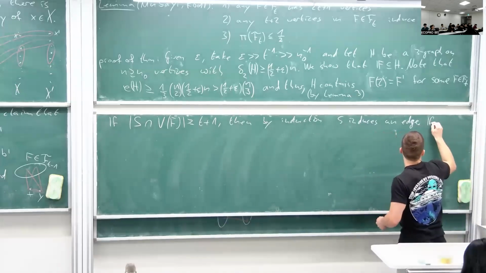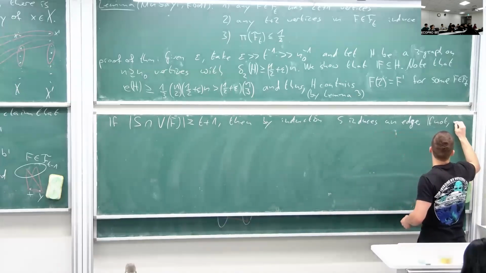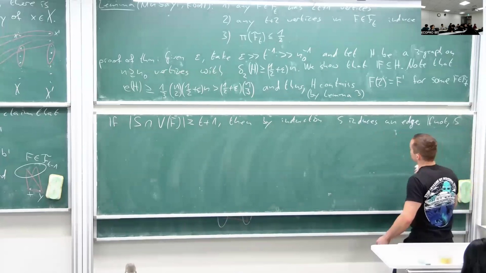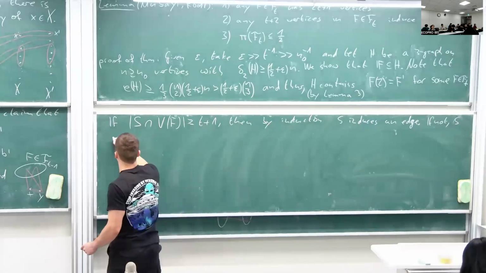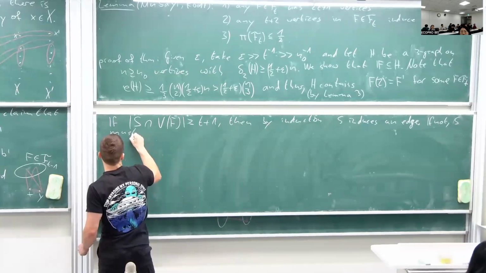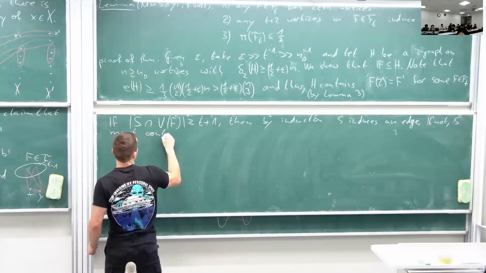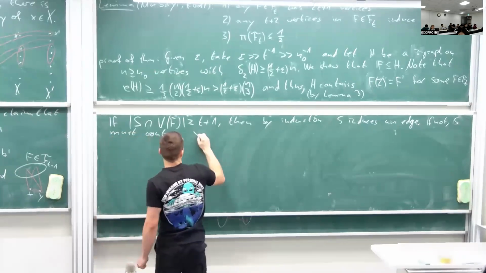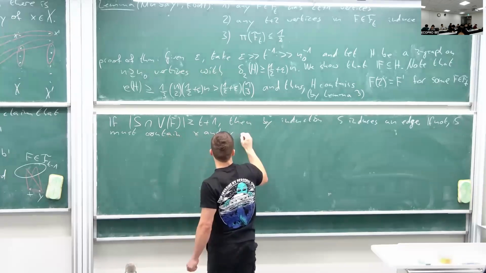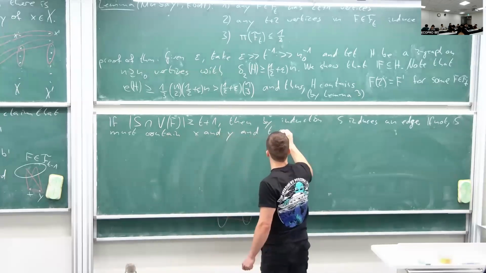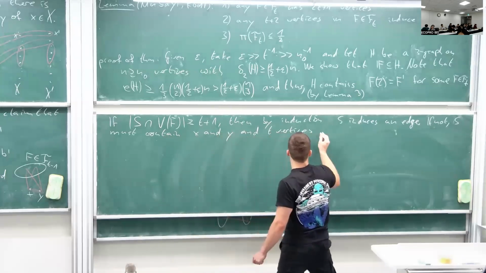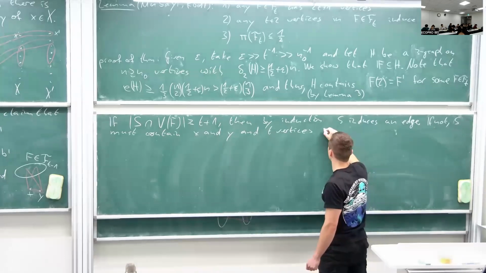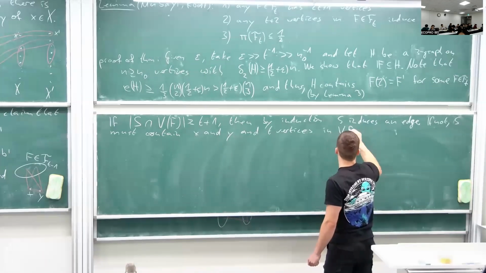So if not, S must contain both X and Y, and T vertices in V of F.